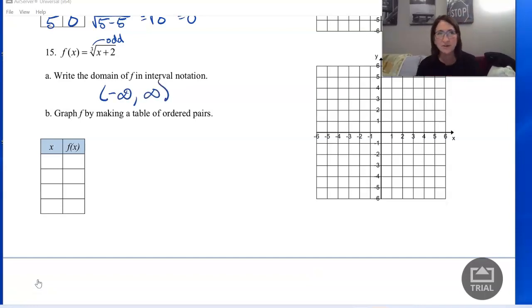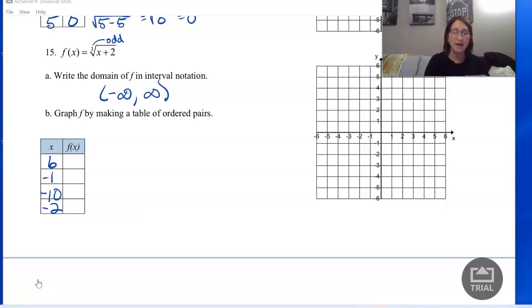We don't have to do any calculations. That's just what it's going to be. And so for our graph, we can pick whatever we want. So I'm going to pick 6, -1, -10, -2. I just pick numbers that I know are easy to work with.